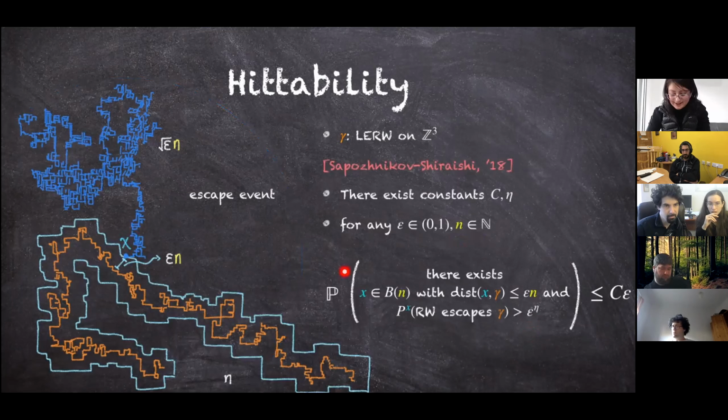Well, there are various levels of probabilities here, but what it says is, for each point you will have some positive probability that you can escape, and it can be large or small. So the statement says that with high probability, you will not be able to find a point x that has a large probability of avoiding the orange path. So this is very useful because we can say that as we are building up our uniform spanning tree, our paths are hittable. So we are going to meet them as we construct more and more of the tree.